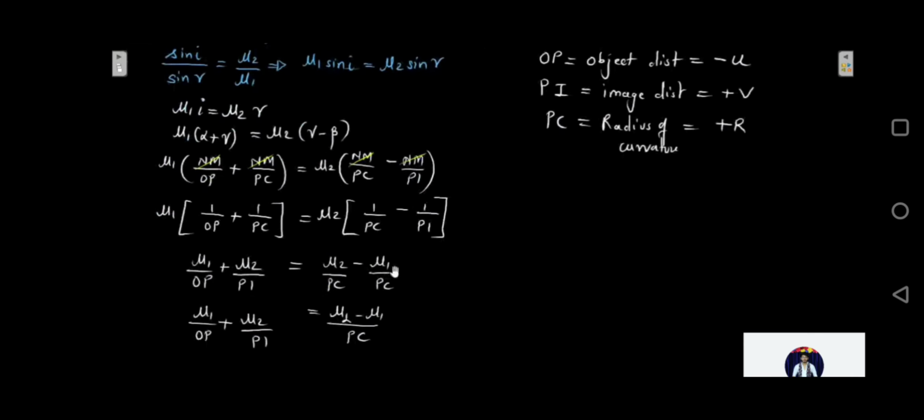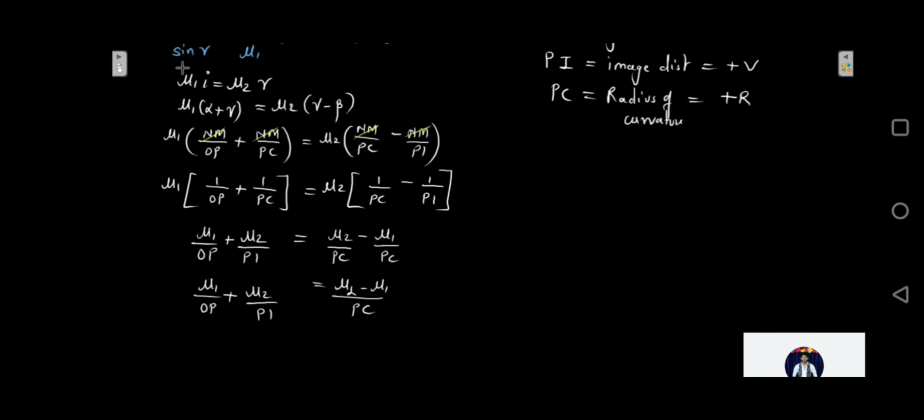Okay, so what we will get over here is this OP will become minus U. This is going to be mu1 upon minus U plus mu2 upon PI, which is plus V, is equal to mu2 minus mu1 upon PC, where PC is nothing but positive R. So let's put this negative sign on the other side.